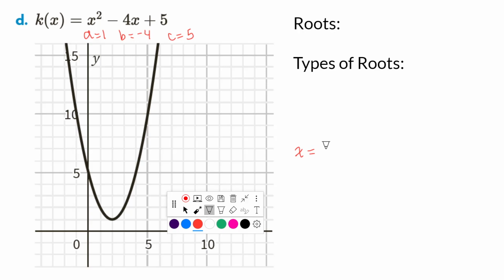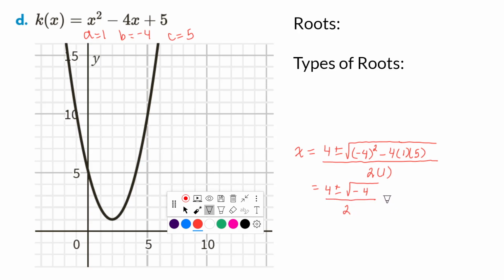X equals, opposite of b is going to be 4, plus or minus the square root of negative 4 squared is our b squared, minus 4 times 1 times 5. Remember, all of that divided by 2 times a, which in this case is 2 times 1, and we have 4 plus or minus the square root of negative 4 over 2.